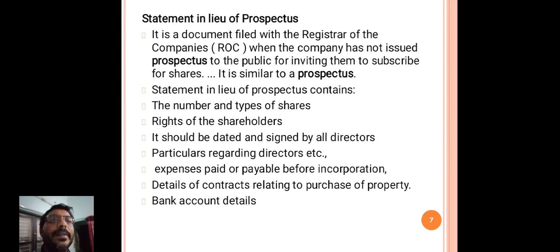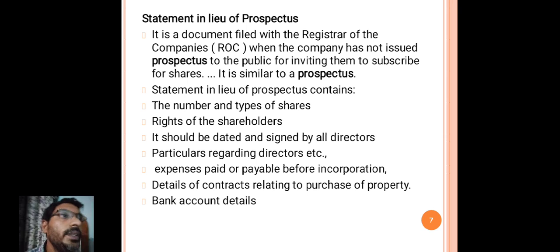It contains the number of directors, names of the directors, roles and responsibilities of the directors, different types of shares, the rights of shareholders, and the auditors and legal advisors. And it should be signed by all the directors.